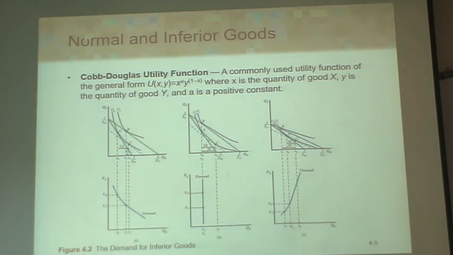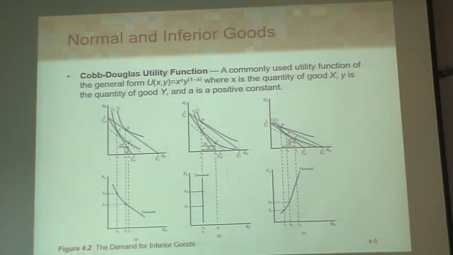So this is the chart we have: substitution effect, income effect, and this one. For this chart A, the income effect is negative, but the substitution effect is still greater than the income effect. So the demand curve is still negatively sloped.